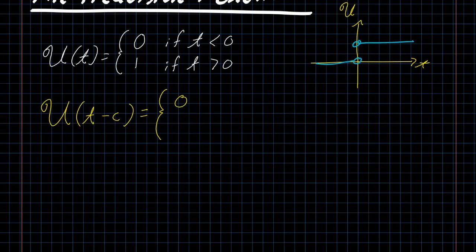It's either going to be 0 or 1, but it does change the inequality. Instead of t less than 0, we have t minus c less than 0. And adding c to both sides of that gives me just that t is less than c. And likewise, the second case is going to be when t is greater than c.